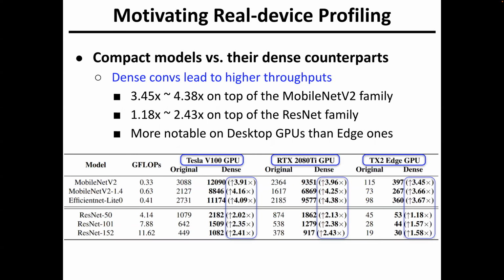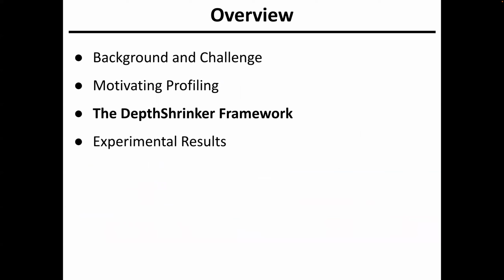We find that the dense counterparts lead to notably higher throughputs over the original network under the same theoretical FLOPs. Such an improvement is more notable on desktop GPUs than edge ones due to higher parallelism, aligning with our hypothesis.